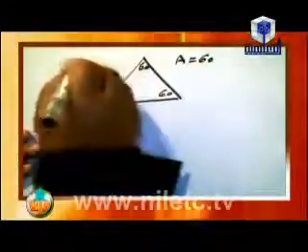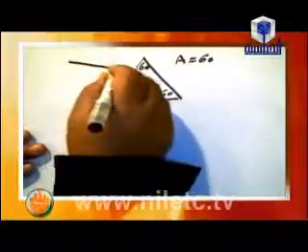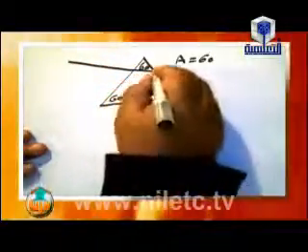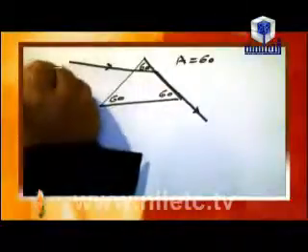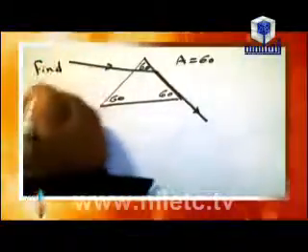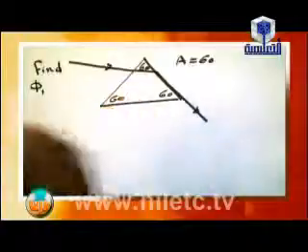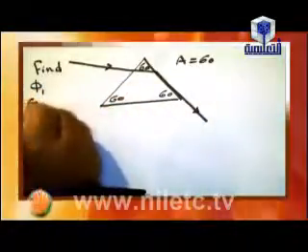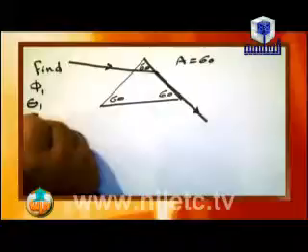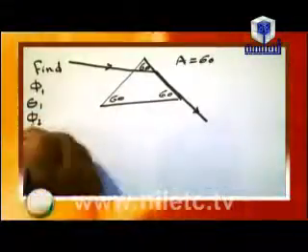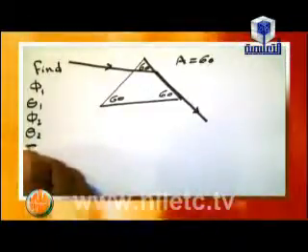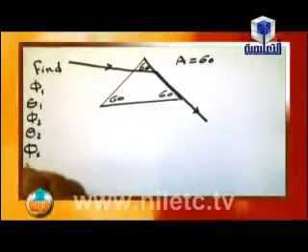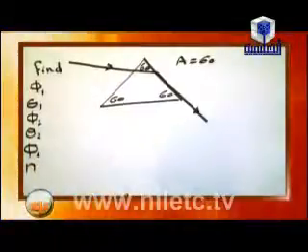If the ray falls normally on one side and emerges tangent from the opposite side, find phi 1, the angle of incidence, theta 1, the angle of refraction, phi 2, the angle of incidence in the prism, theta 2, the angle of emergence, and we want the critical angle, phi critical, and also the refractive index of the prism.